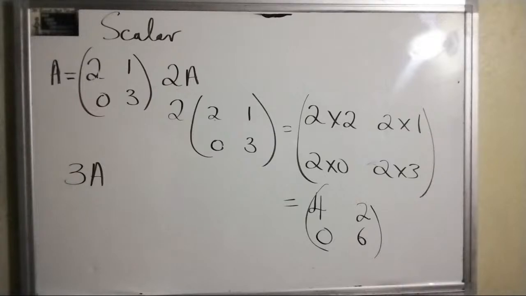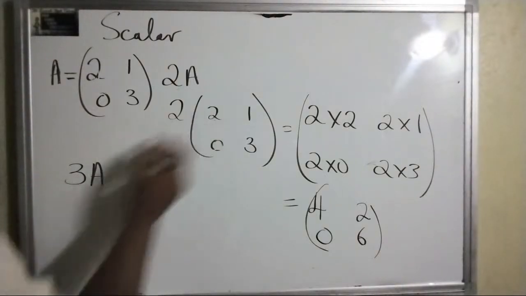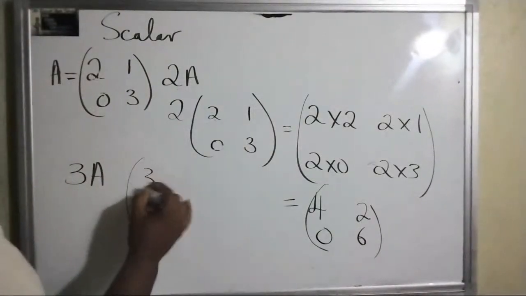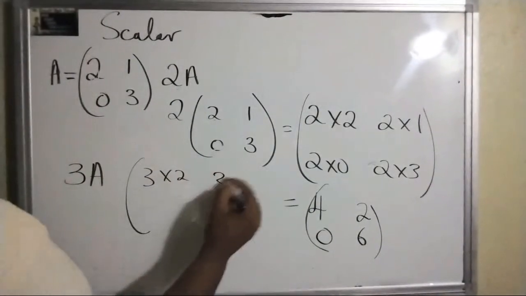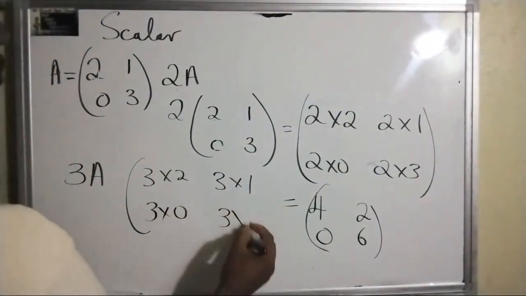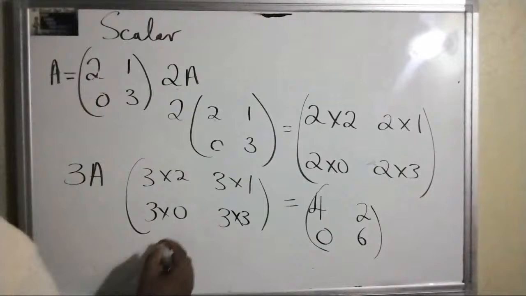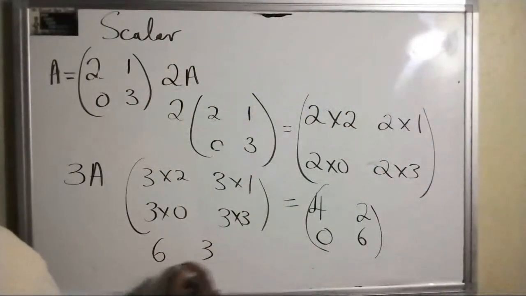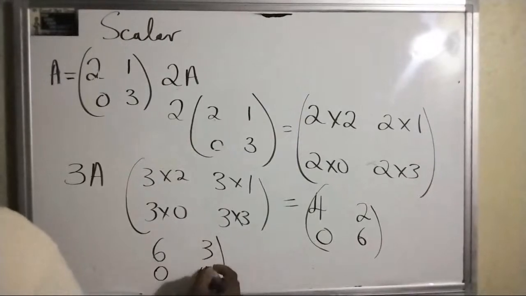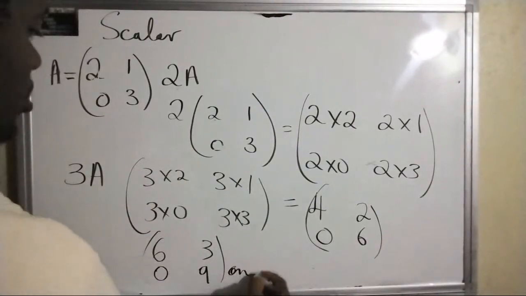Alright, so 3 times A: 3 times 2, 3 times 1, 3 times 0, and 3 times 3. So now guys, now that we get this, we are going to add a couple of them and see how well you guys can deal with that.